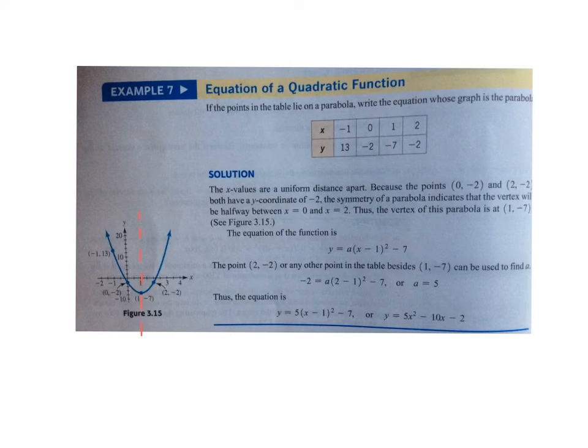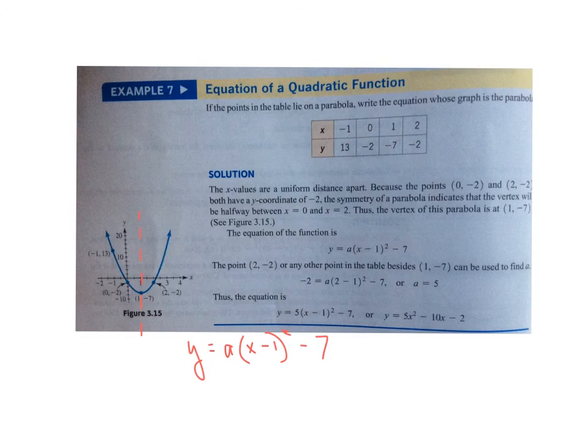All right, so I've got my vertex, which means I can write my formula as y equals a times (x minus 1) squared minus 7, because those are my h and my k. Again, just like on the last one, we can't write this as a formula unless we find a number to put in here for a. So what we're going to do is take any one of these points.